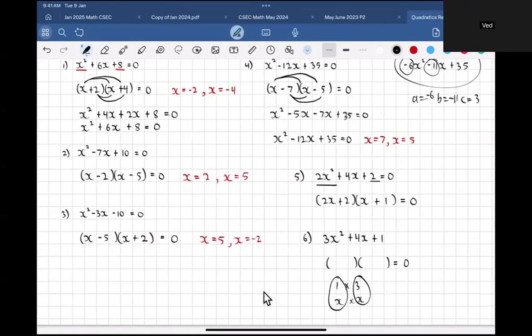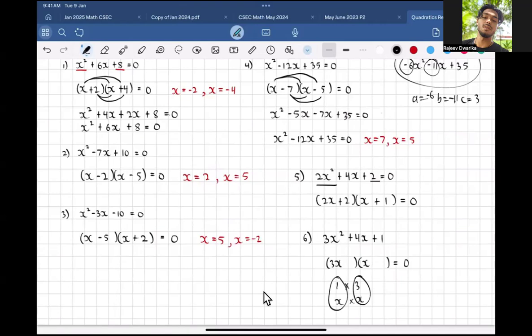And 3x by x. Yes, that is it. Because 3 by 1 is 3 and x by x is x squared. Put them together, you get your answer. Make sense? Yes, sir. So 3x by x.